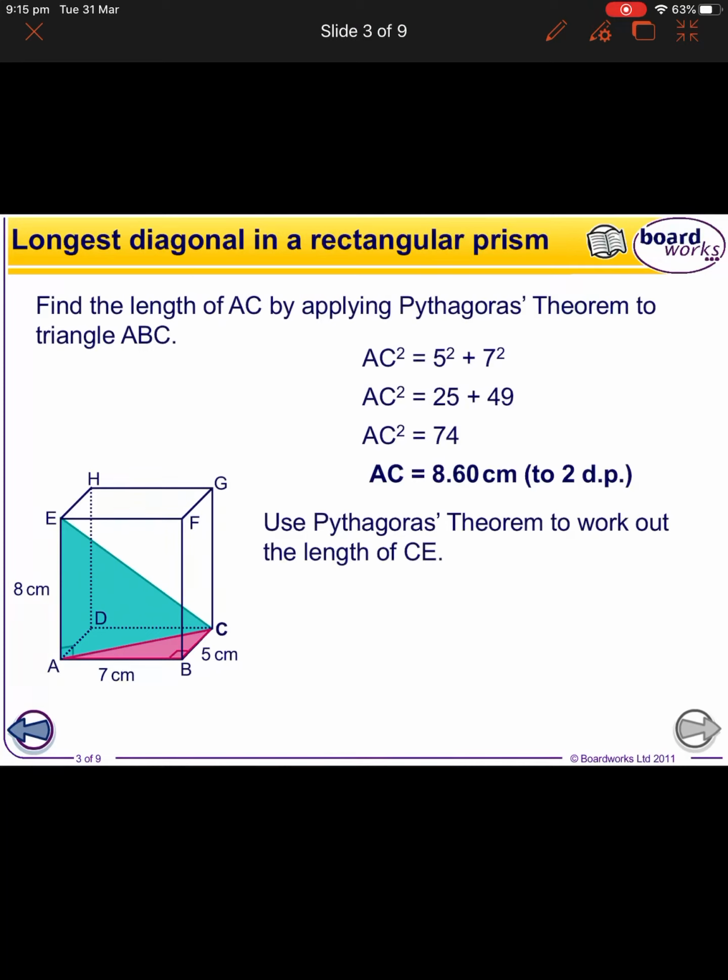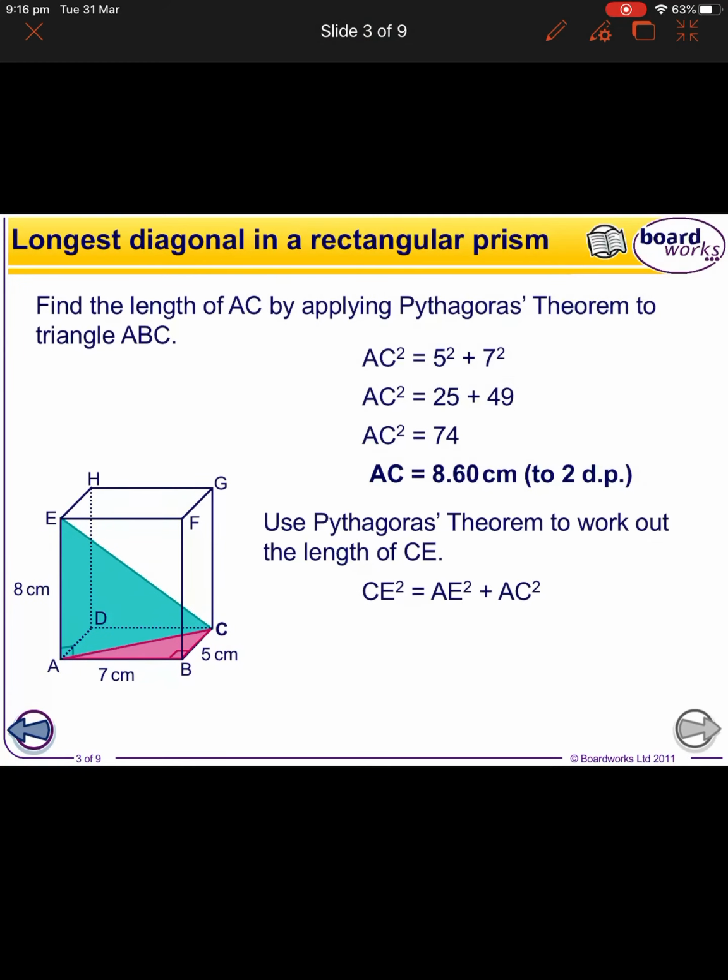Okay, so now that we know AC, so A to C is 8.60, we can use this length that we found, AC, to figure out our longest diagonal in our box from C to E. So in Pythagoras' theorem, we're going to want to use this length here, and our newly found AC.